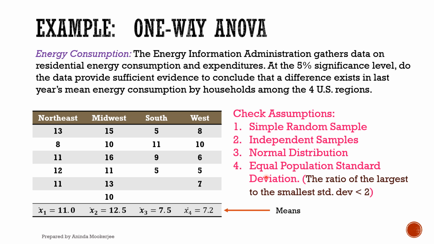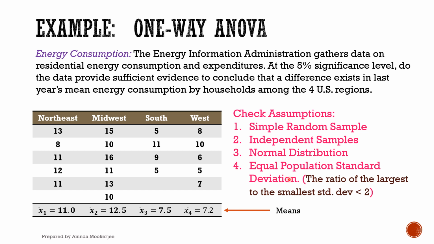Okay. The first thing is to check the assumptions. It has to be a simple random sample. So somewhere in the question, it may be saying that it's a simple random sample, and it should. Otherwise, we cannot perform any statistical study if the data is not based on a simple random sample. They have to be independent samples. The variables have to be normally distributed, and the population standard deviations have to be equal.